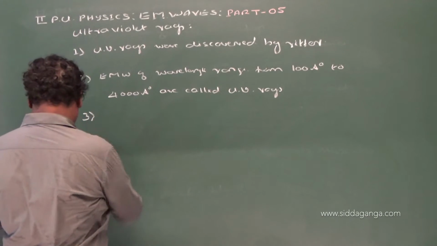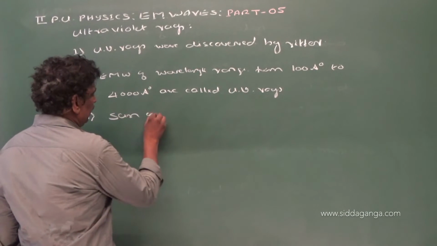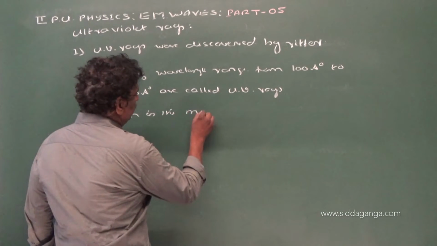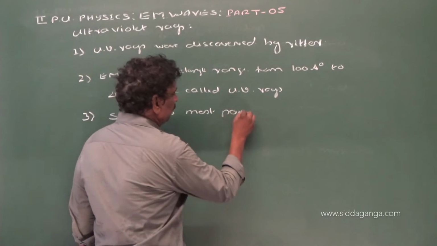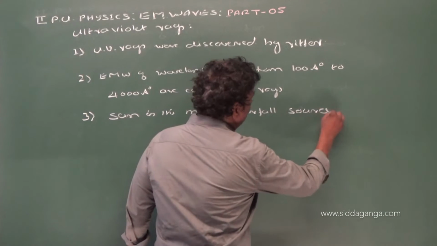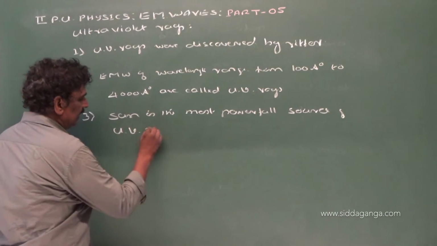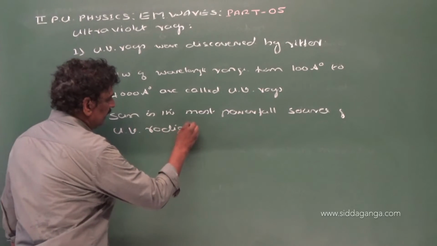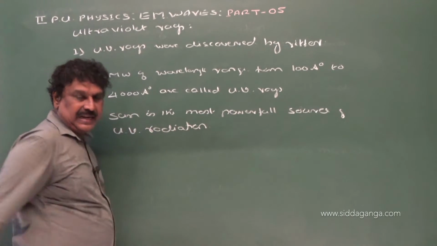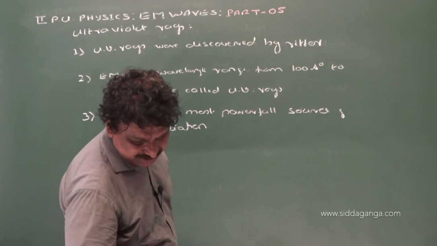Now the third one, the sun is the most powerful source of ultraviolet radiation.